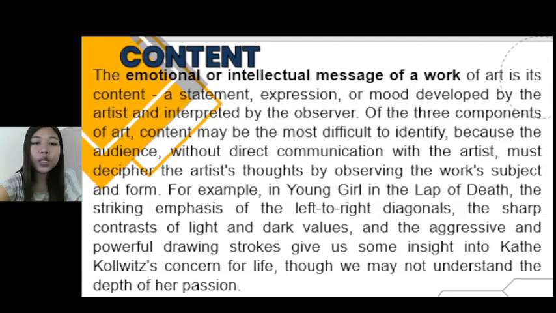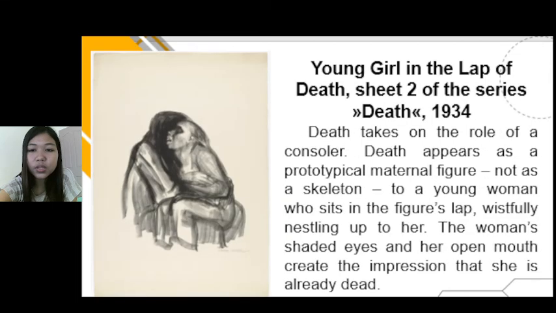For example, in The Young Girl in the Lap of Death, the striking emphasis of the left to right diagonals, the sharp contrast of light and dark values, and the aggressive and powerful drawing strokes give us some insight into Kathe Kollwitz's concerns for life, though we may not understand the depth of her passion. So ito yon, this is the painting of Young Girl in the Lap of Death.